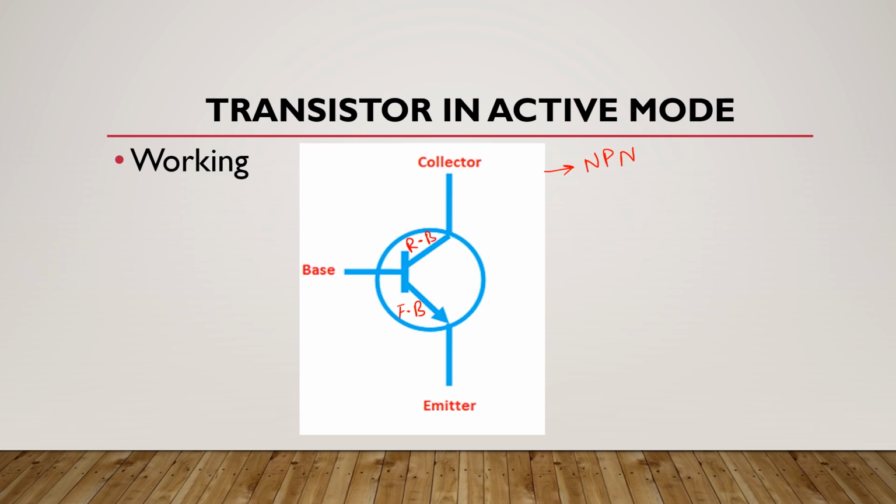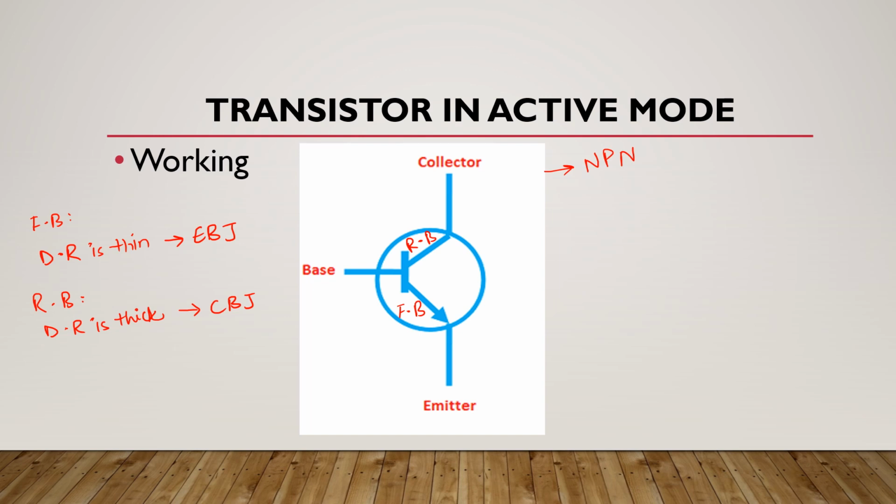And we also know that in forward biased condition, the depletion region is thin, whereas in reverse biased condition, the depletion region is thick. It means this region is thin in the emitter base junction here, and it is thick in the collector base junction in active mode.